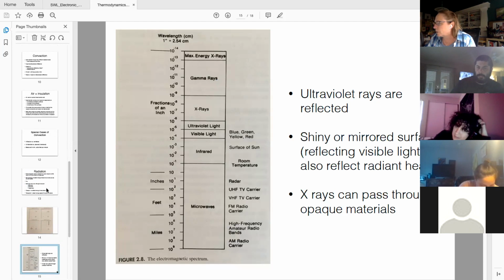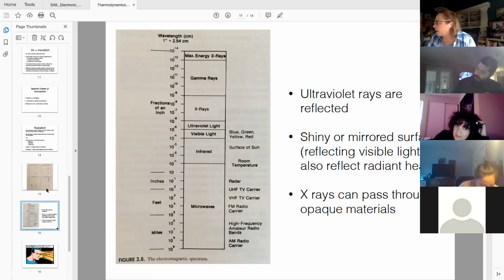But what I do wanna show you is the electromagnetic spectrum with all of our different types of essentially energy or radiation.